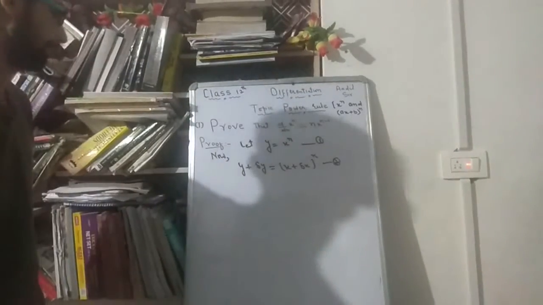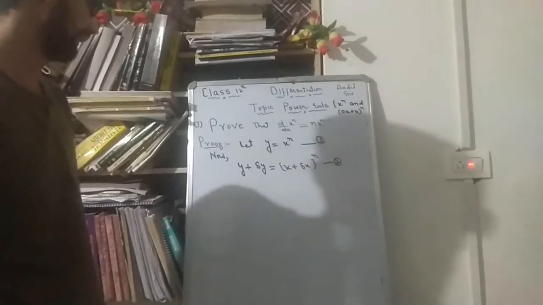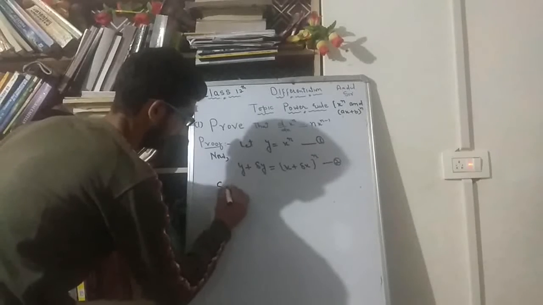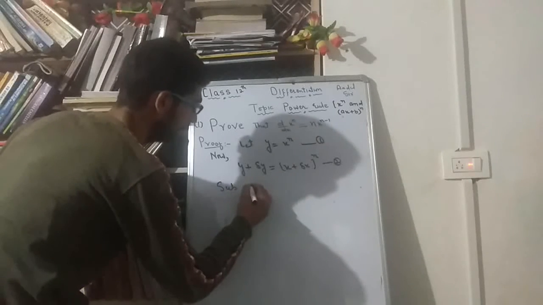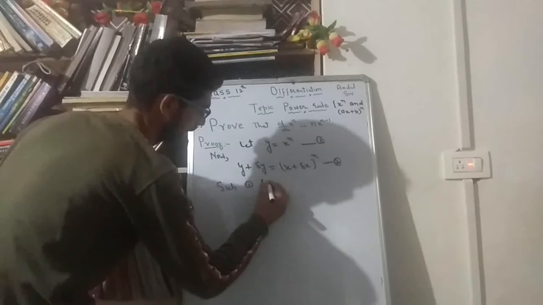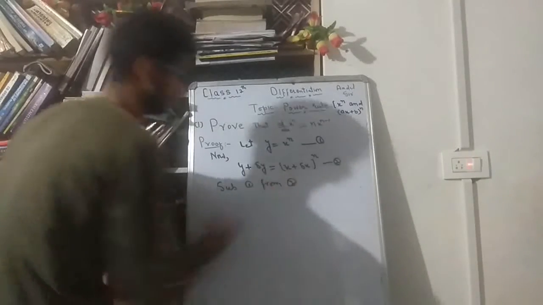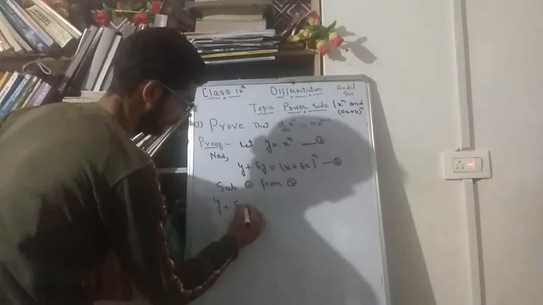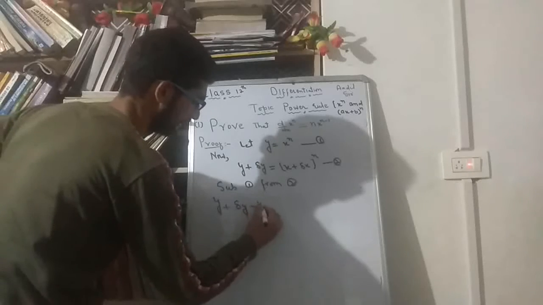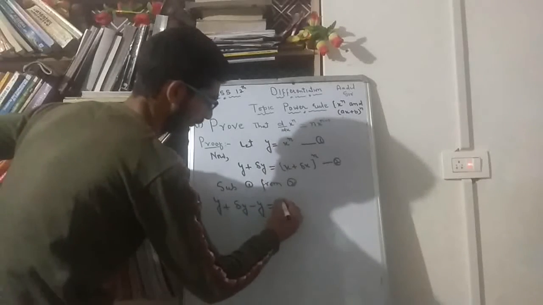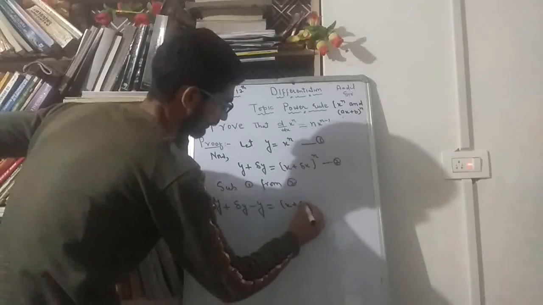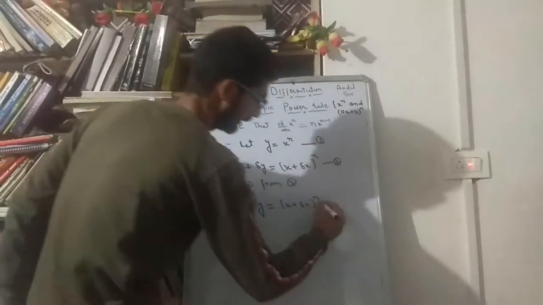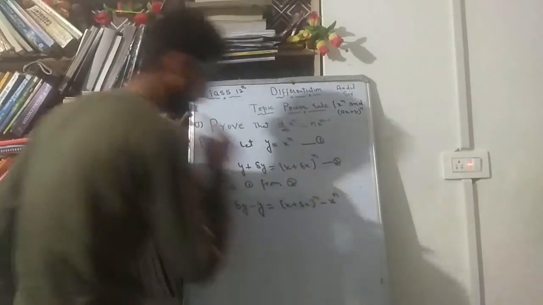The third step in the method is to subtract the first equation from the second. So we subtract first from second. It will be y plus del y minus y equals (x plus del x) raised to power n minus x raised to power n.